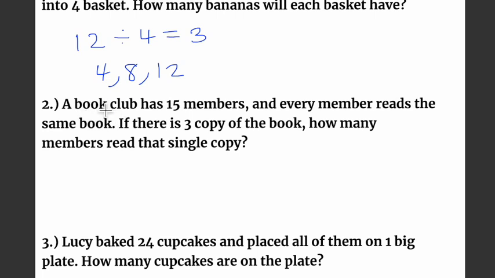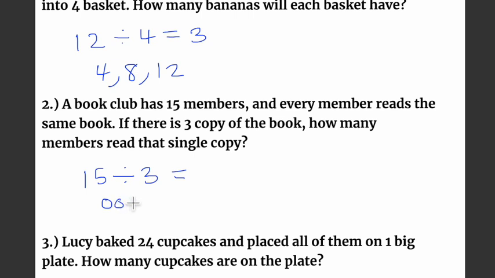Number 2, a book club has 15 members and every member reads the same book. If there are 3 copies of the book, how many members read a single copy? So again, we start off with 15 and we divide it into 3. You can use counters or you can use the sequence method. I'm going to use counting.